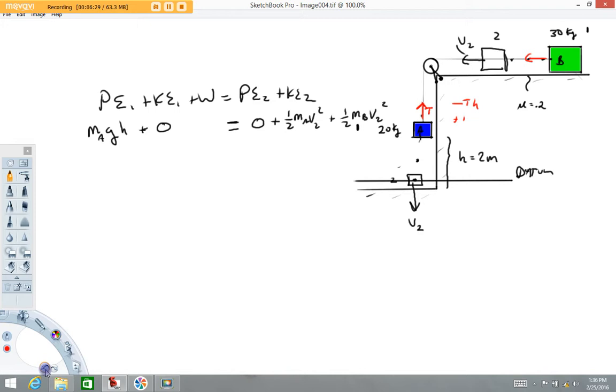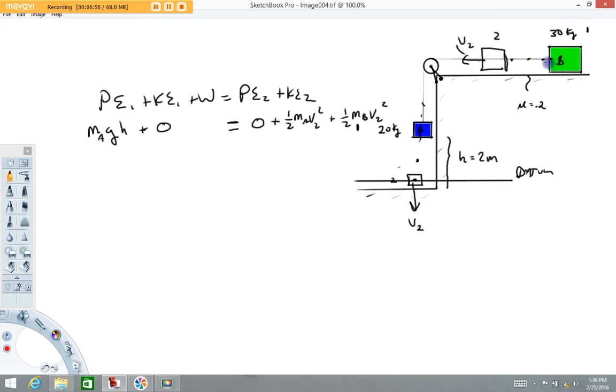So we don't need to include a work term for the tension as long as we consider both masses as our system. One could argue that there's a force applied here to the string or the pulley, if you want to include the pulley in the system, but there's no displacement for that force. This point isn't moving, so there's no distance to multiply by, so we got no problems there.